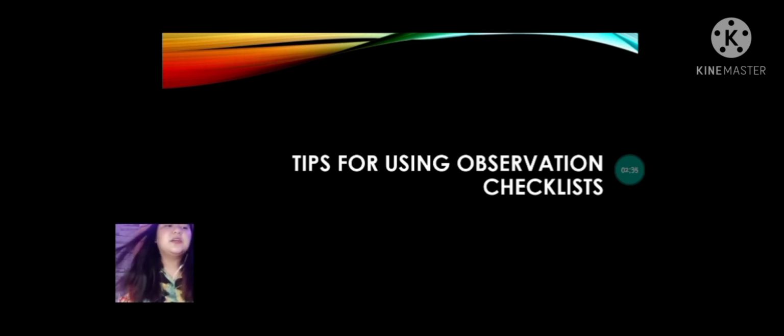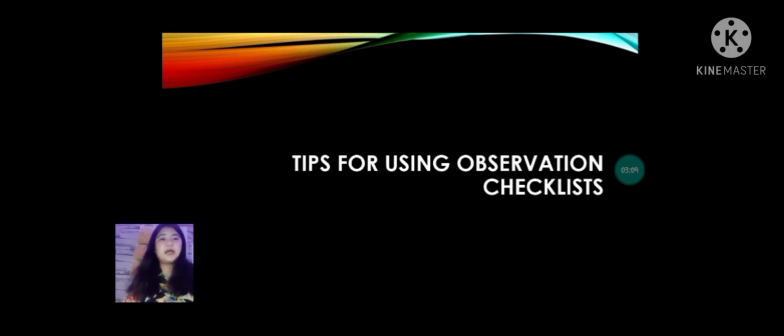So, these tools can also include a space for brief comments, which provide additional information not captured in the checklist. So, before you use an observation checklist, ensure students understand what information will be used, and ensure checklists are dated to provide a record of observation over a period of time.